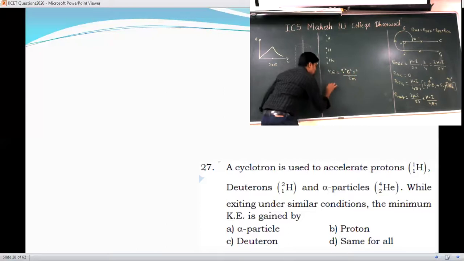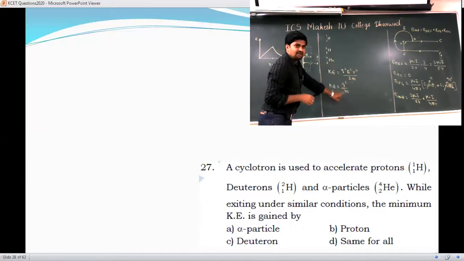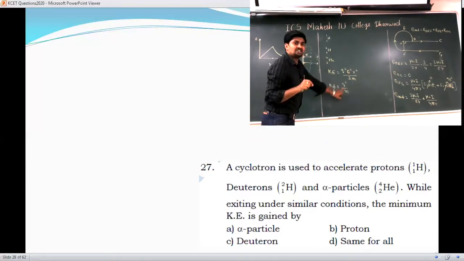So I will take only these values, that is K proportional to Q square by m. Now I need charge and mass, so I have got the ratio of charge and mass.